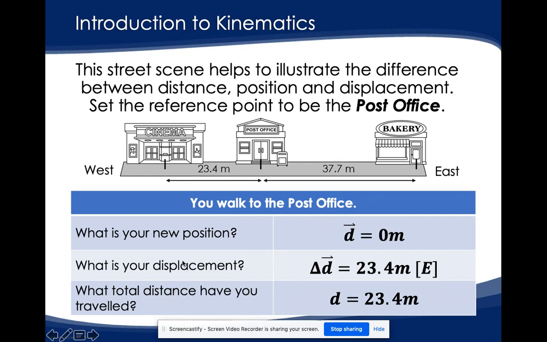Your displacement in this case is going to give you a direction and a measurement, and then your distance is just the scalar quantity. So displacement is a vector quantity because it gives you the value, the magnitude, and the direction, and then the distance is just a scalar quantity because it just gives you the magnitude.